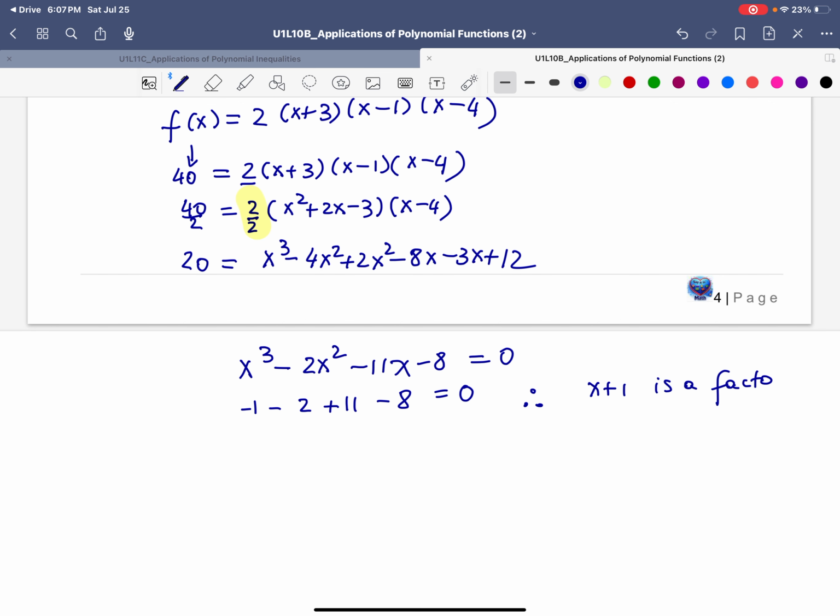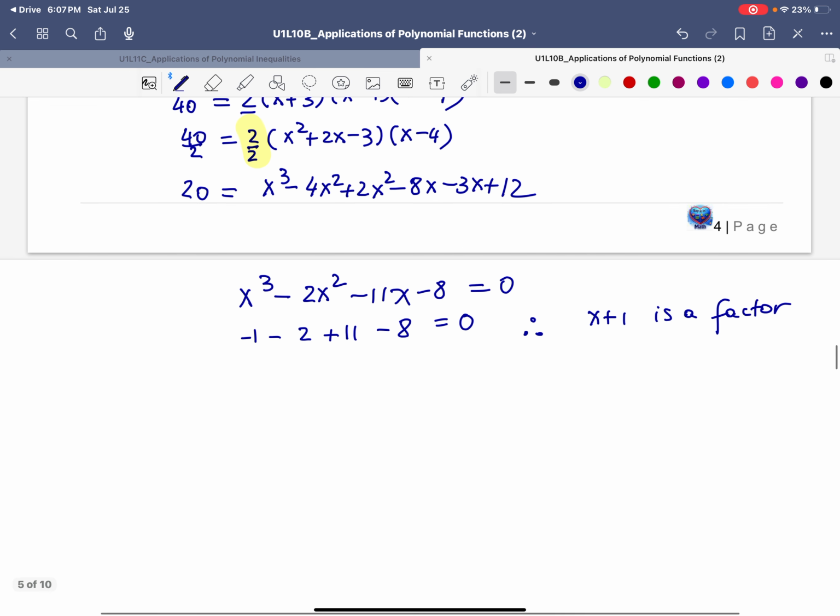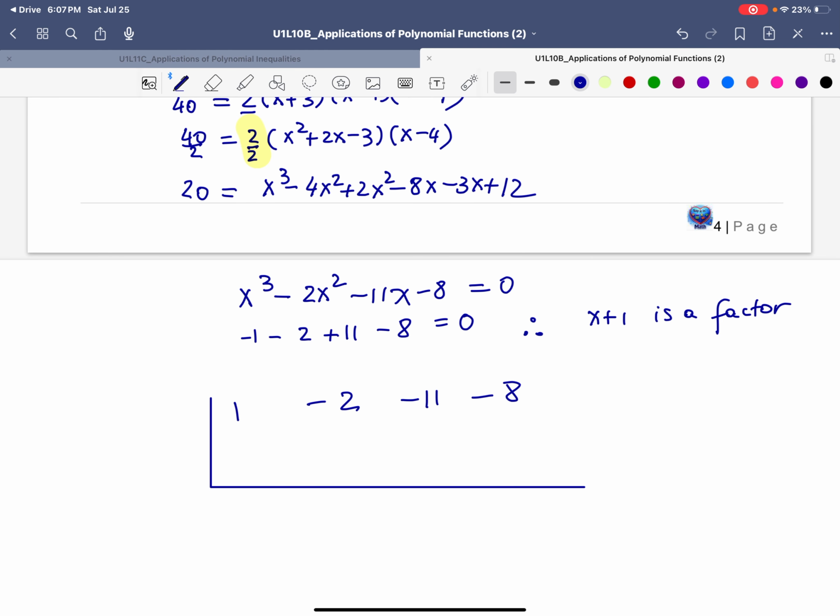Once you have the first factor, we're almost done. So we're going to have the coefficients 1, negative 2, negative 11, negative 8. Divide them by x plus 1. So negative 1, negative 3, positive 4, negative 11, minus 8.